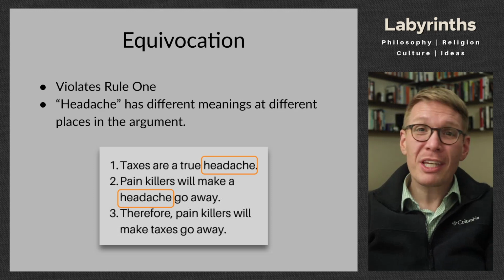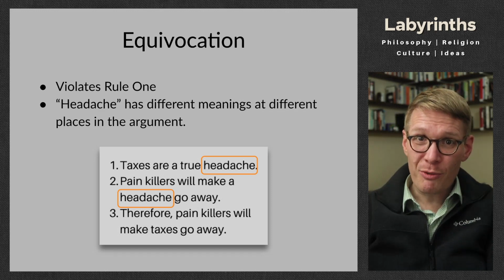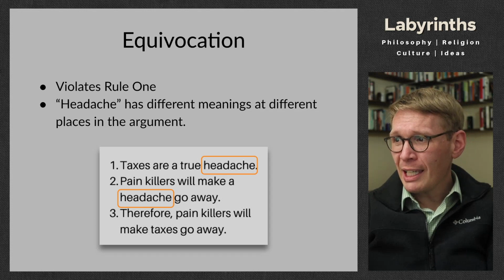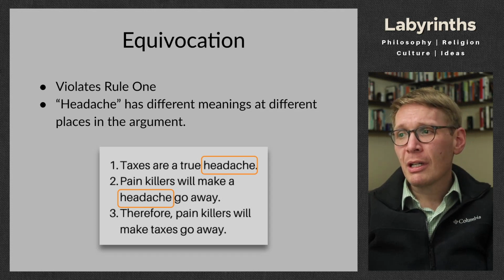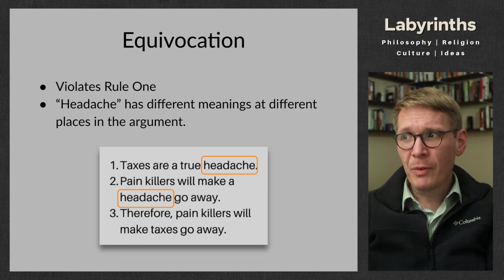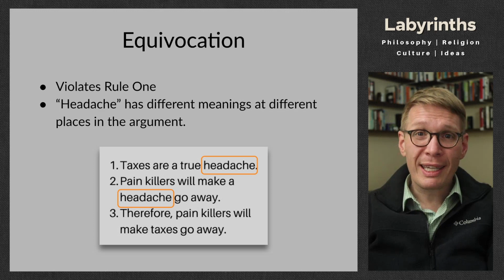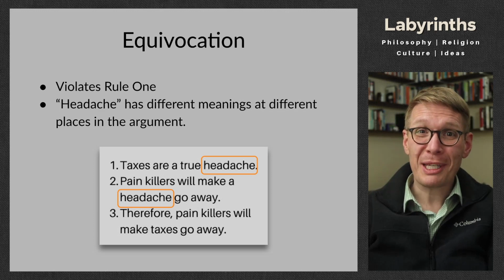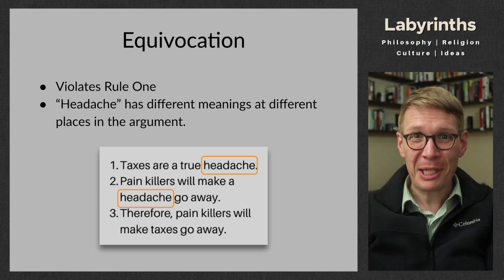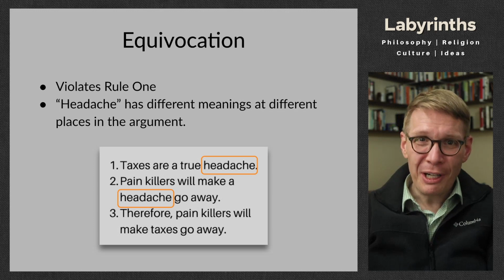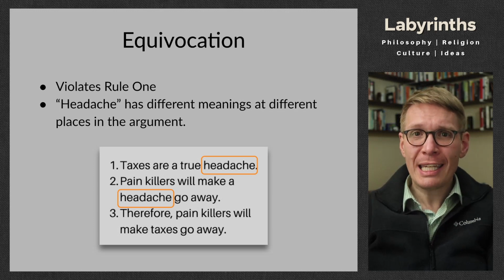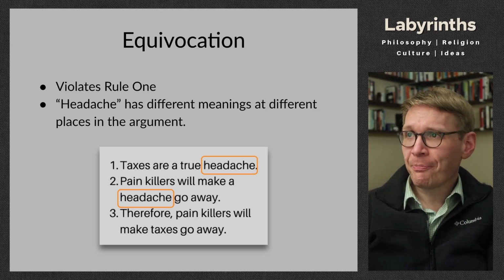I'm using it in a figurative sense in the major premise, the first one, and I'm using it in a literal sense in the minor premise, the second one. So because I'm using it in a different sense, I get this funny conclusion. And there's something interesting probably here to say about comedy as well, right? But this is funny because it contains equivocation.